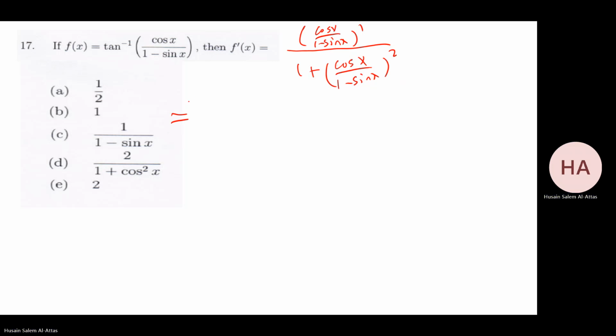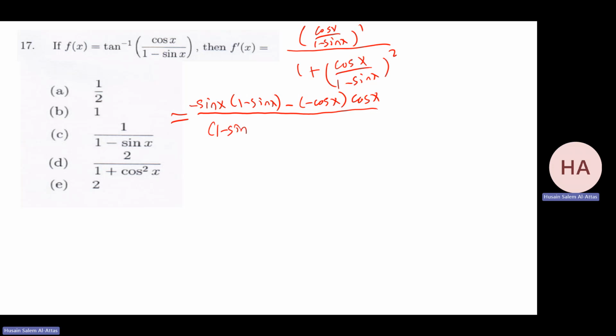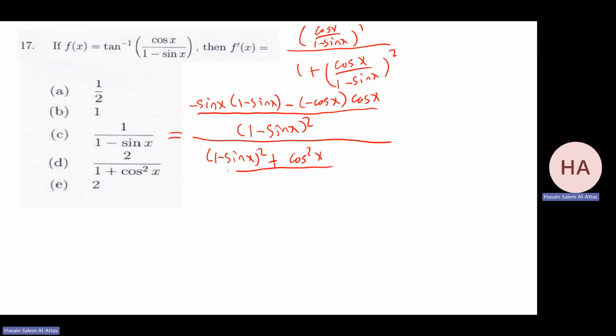Derivative of cosine x, which is minus sine x, times the denominator, minus the derivative of the denominator, which is minus cosine x, times cosine x, over 1 minus sine x all squared. And that equals over what? (1 minus sine x) squared plus cosine square, over (1 minus sine x) all squared.